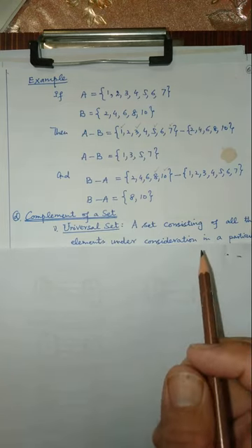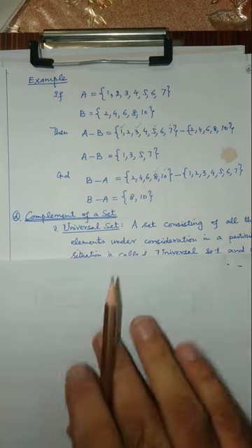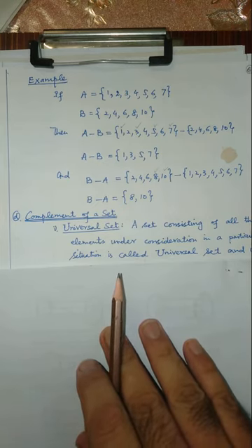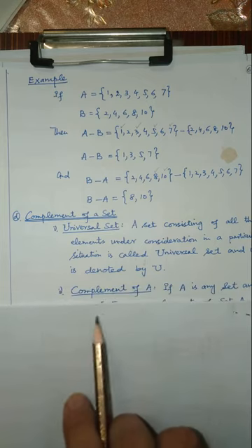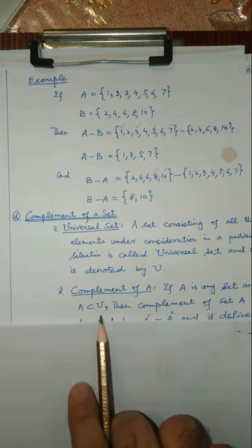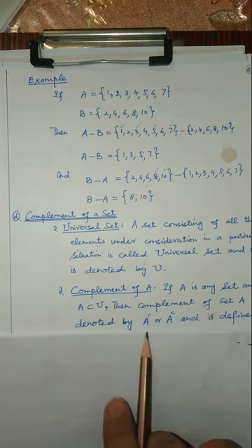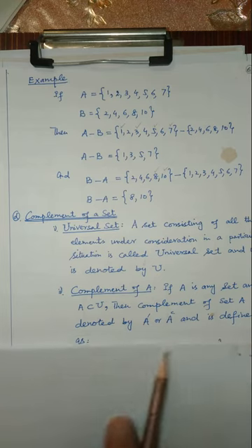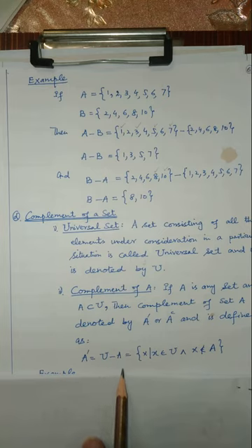A set consisting of all the elements under consideration in a particular situation is called the universal set, and it is denoted by this symbol U. Now complement of set A. If A is any set and A is a subset of the universal set, then the complement of set A is denoted by A dash or A power C and defined as A dash is equal to universal minus A. We will take the difference with universal.